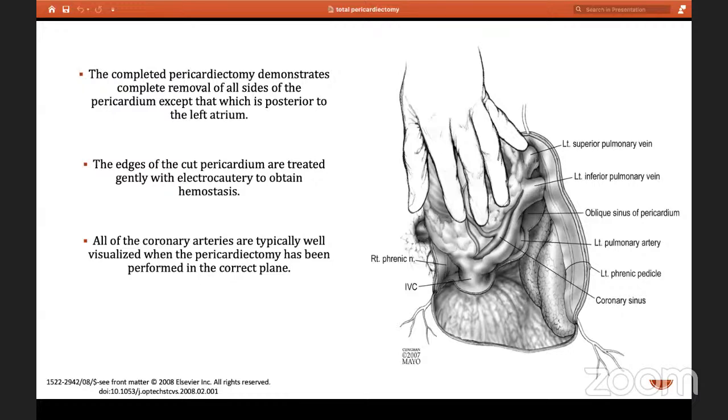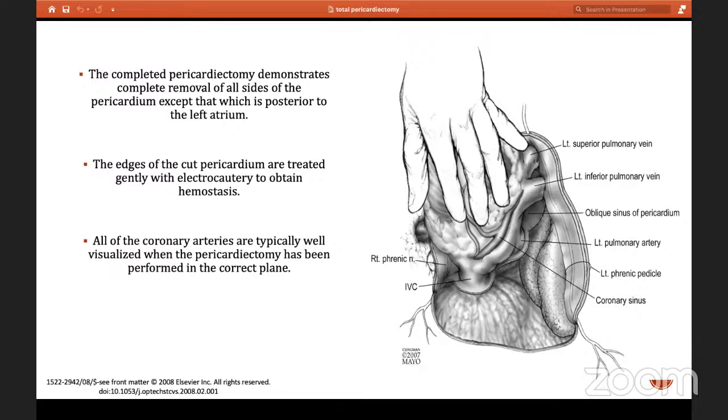Yeah, it's a good point. So pericardiectomy can be partial, just an anterior pericardiectomy, or a full pericardiectomy, which is also known as a radical pericardiectomy. As I've read, we have to do the total radical pericardiectomy, so we remove all the pericardium. If you leave any pericardium, it may restrict the heart and even cause symptoms.